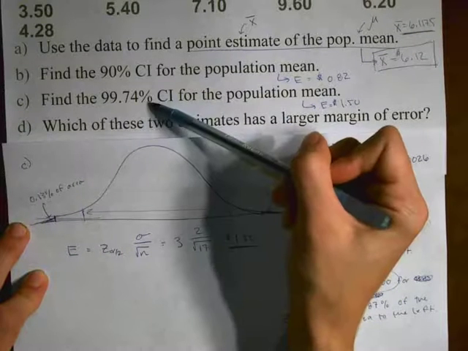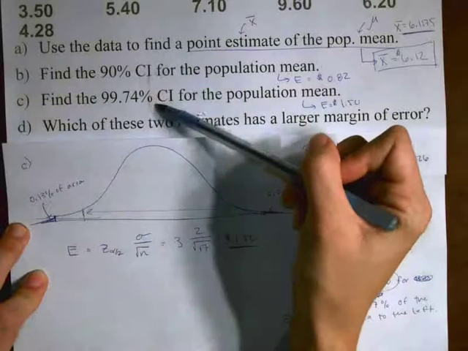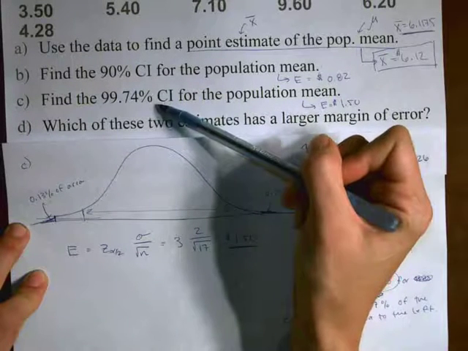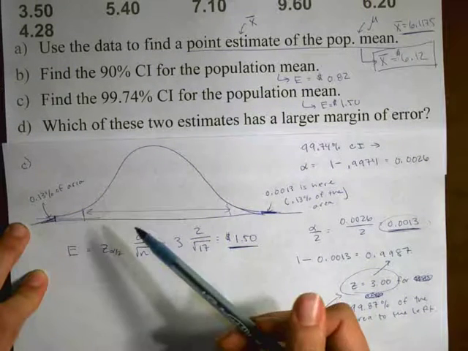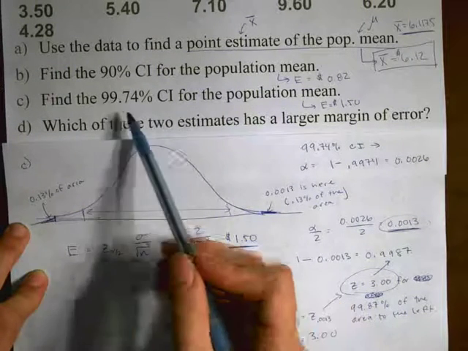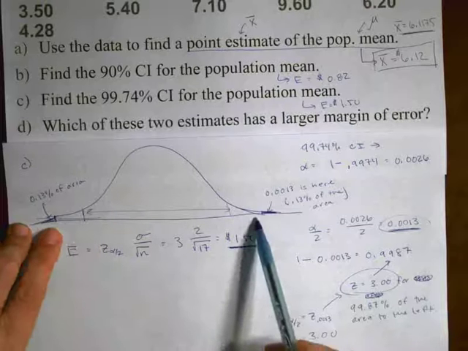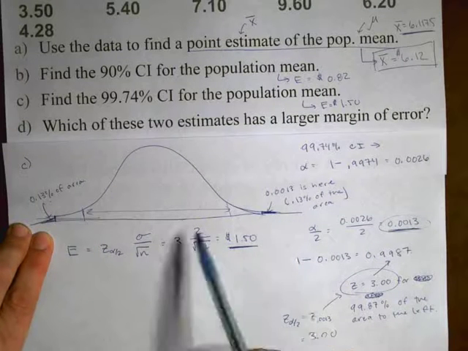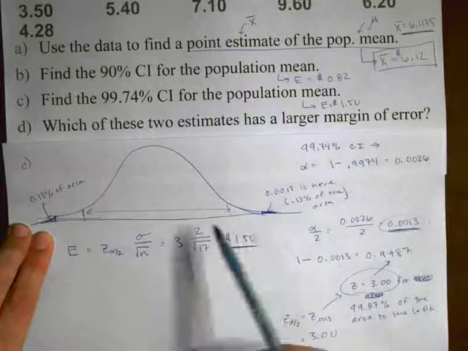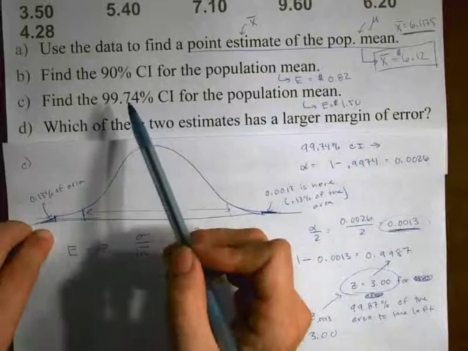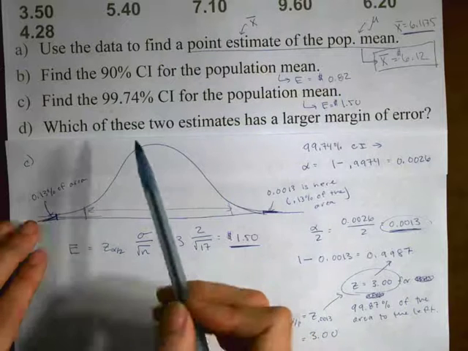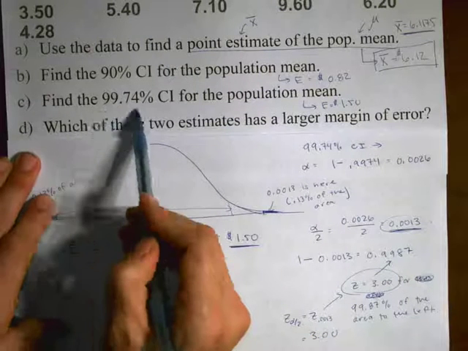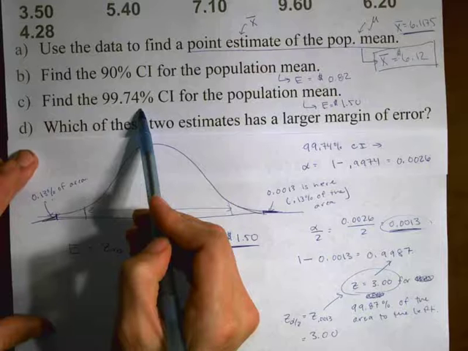Whereas for my 99.74% confidence interval, the area to the left of this number is only 0.13% of the data. Okay, so as our confidence level goes up, as we want to be more sure that our range of possible values actually includes the true population mean, we're required to take a larger and larger confidence interval. And there's always some push and pull between this confidence interval.